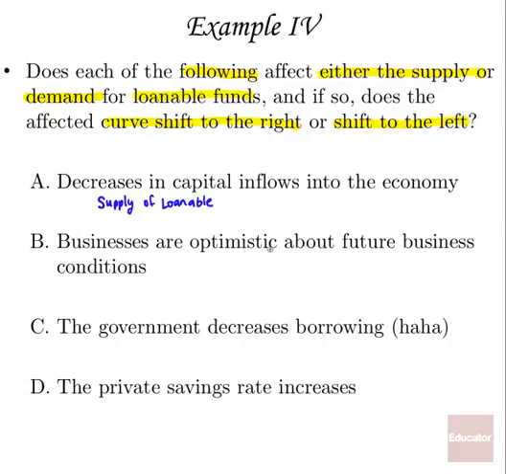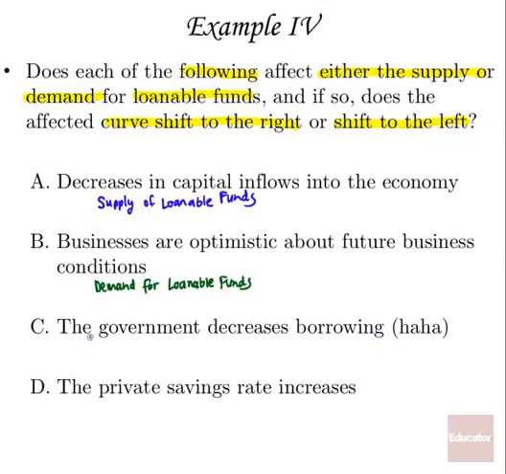Businesses are optimistic about future business conditions. I'll use green right here. This is demand for loanable funds. Just to be consistent, I'll put loanable funds here as well. The government decreases borrowing. This is the idea of when will the government ever decrease borrowing? You might find that funny, you might not.